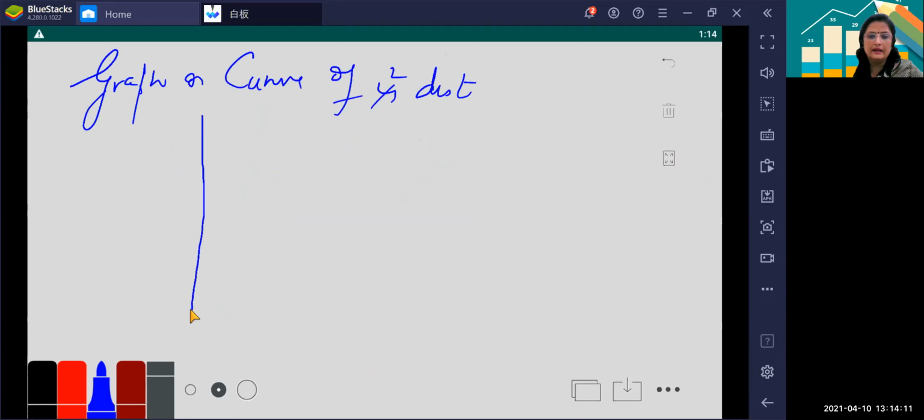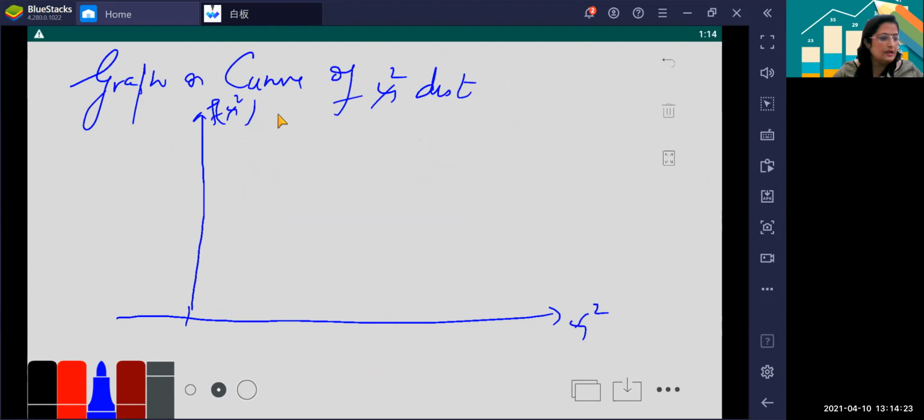This is chi-square, this is f of chi-square. n is equal to 1 के लिए this is like this, right? n is equal to 2 के लिए this is like this. ये पहले वाला n is equal to 1 है, right? और this is for n is equal to 2.